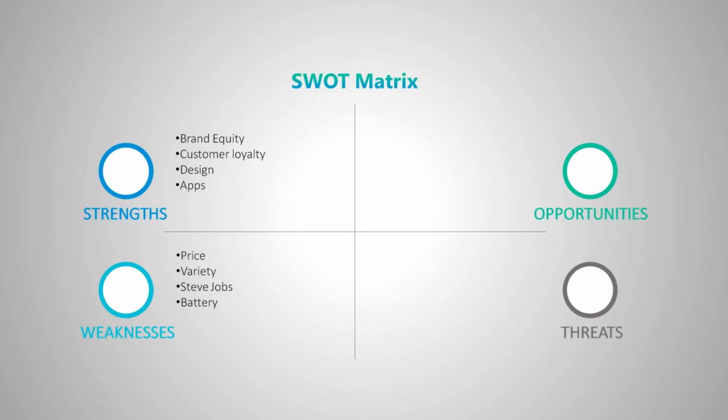Okay, so the external analysis, and now we are looking at the opportunities and threats. What can we see as opportunities for the iPhone brand? For example, the smartphone market is growing a lot, so that's a positive for them. What else? Well, we are becoming very dependent on digitalization.